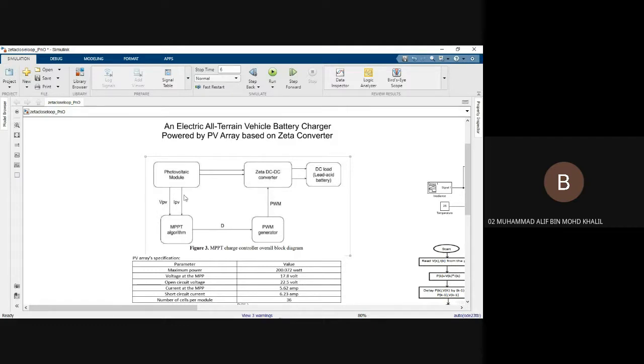The PV module also supplies the voltage and the current to the MPPT algorithm for it to generate the duty cycle, and give the duty cycle to the PWM generator for it to control the switching for the zeta converter.